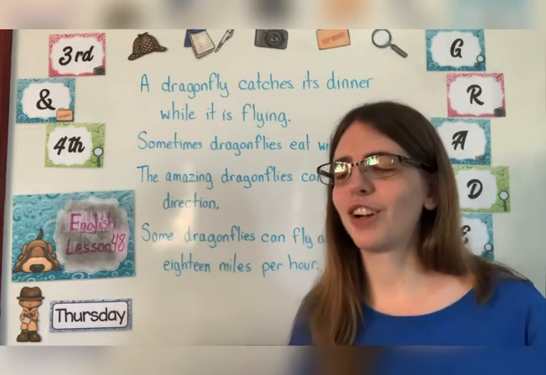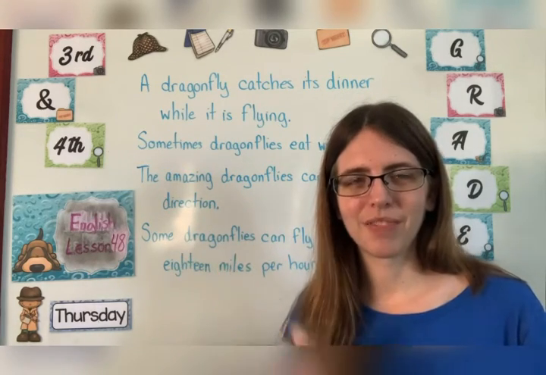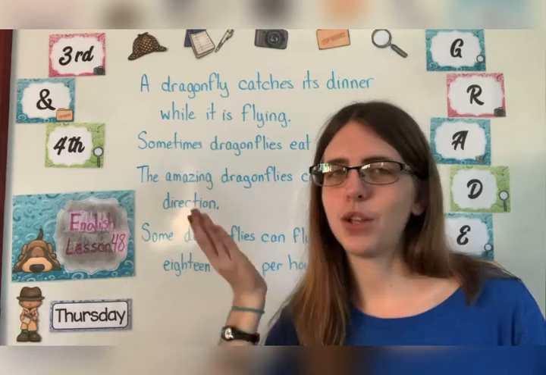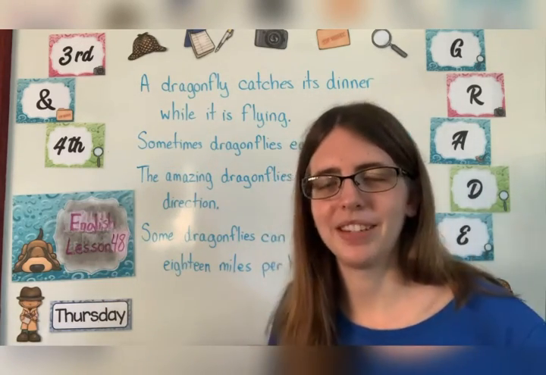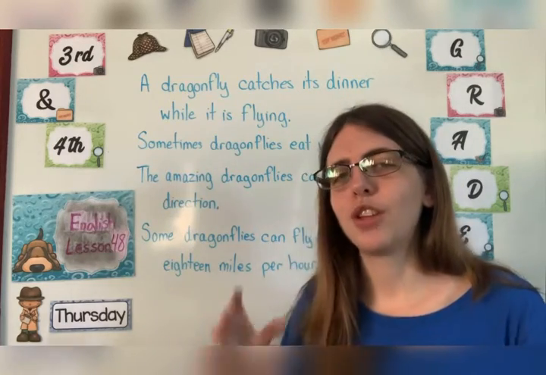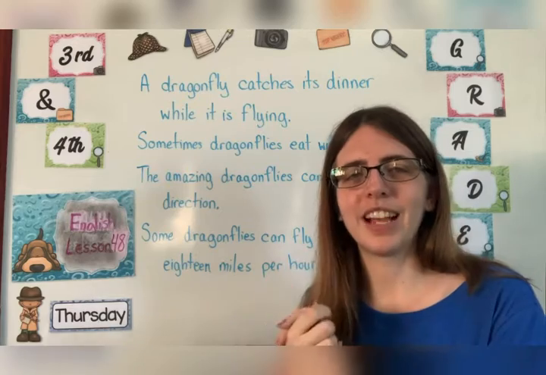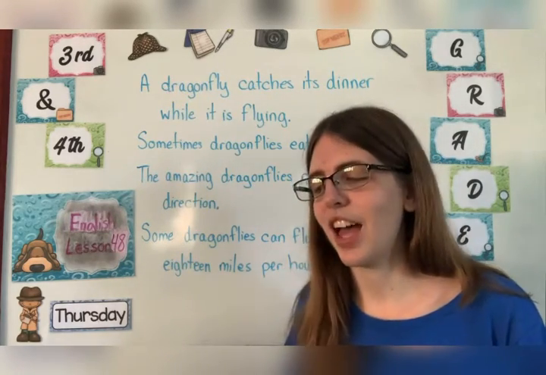Remember, we have learned already that a sentence has 2 basic parts. The first part tells us who or what. The second part tells us what happened. Well, each part has its own special name. The name for the first part that tells us who or what is the subject.